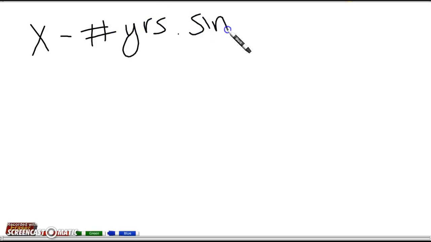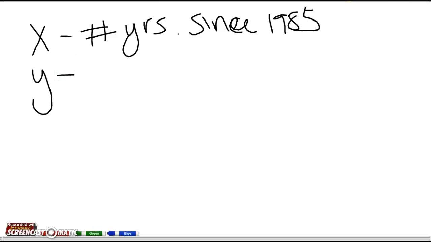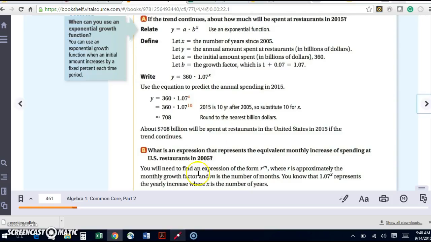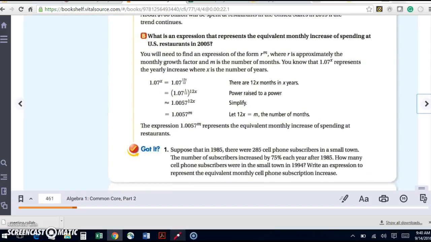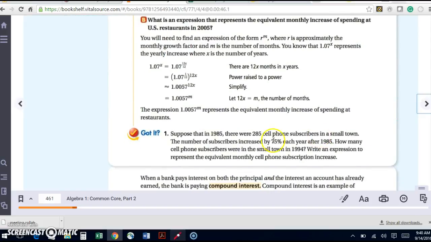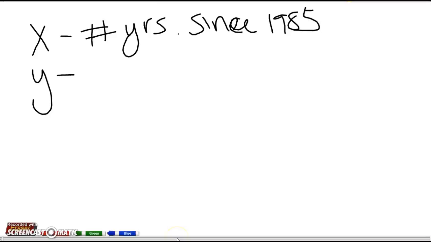So x is the number of years since 1985. Y, of course, would be the number of subscribers annually.